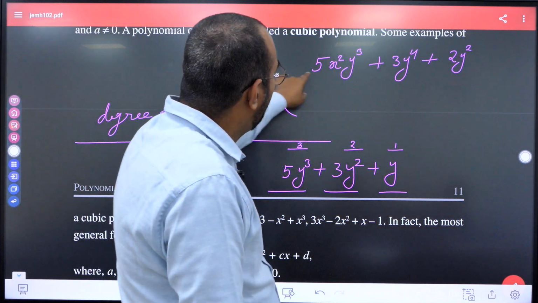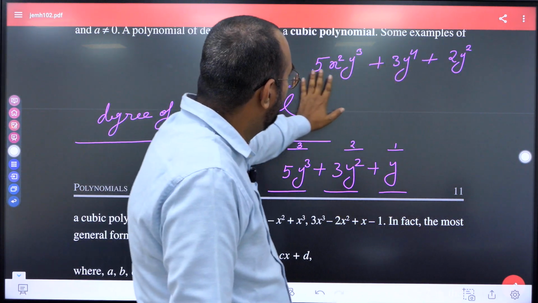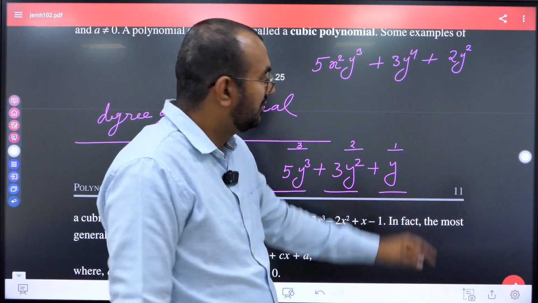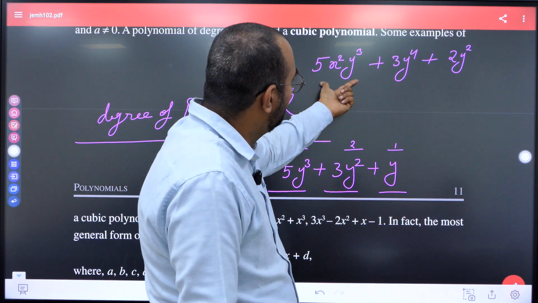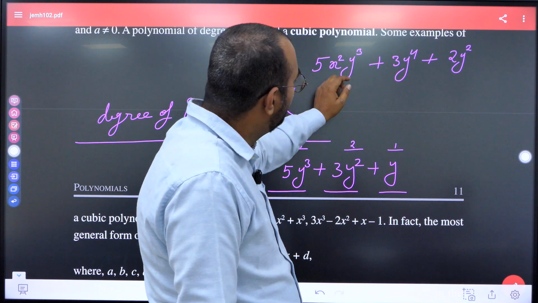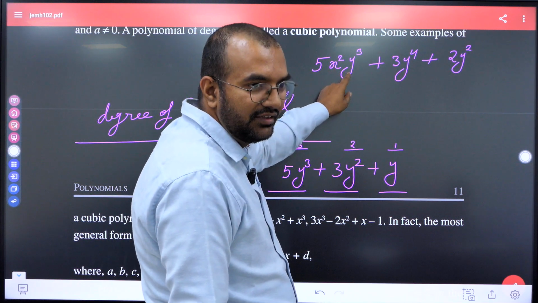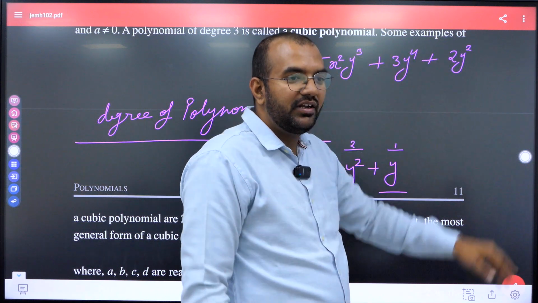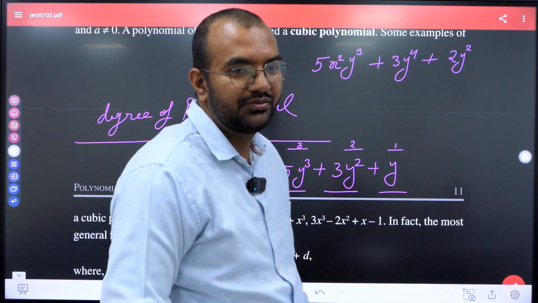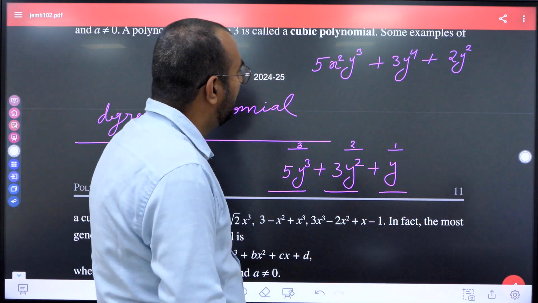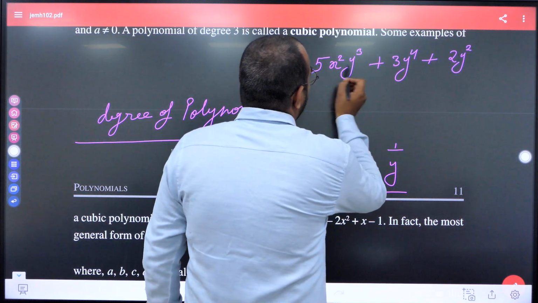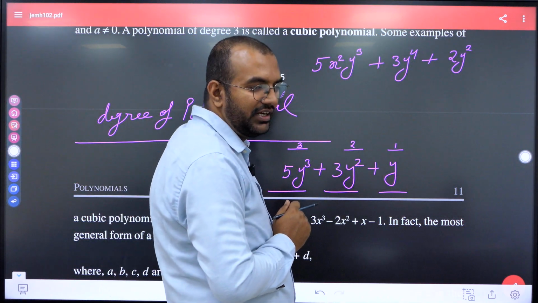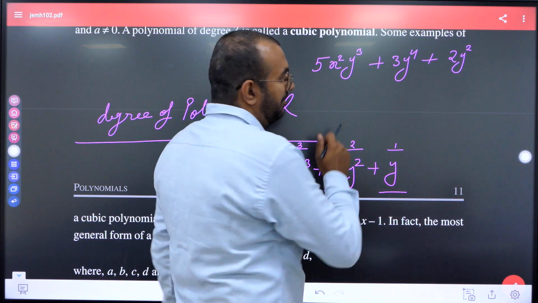You can see this is a polynomial of variable 2. ये एक 2 वेरिएबल पॉलिनोमियल है, because in this term you can see x and y. There are 2 variables in this term, na? So this is the polynomial of variable 2. So what is the degree of this polynomial? Check the powers of variable in each term separately.